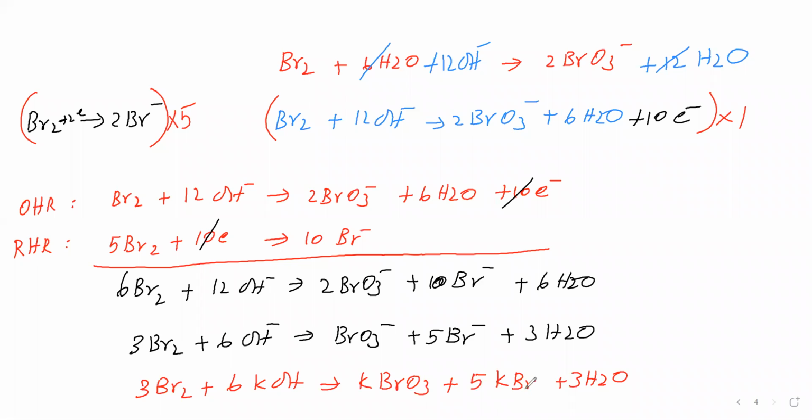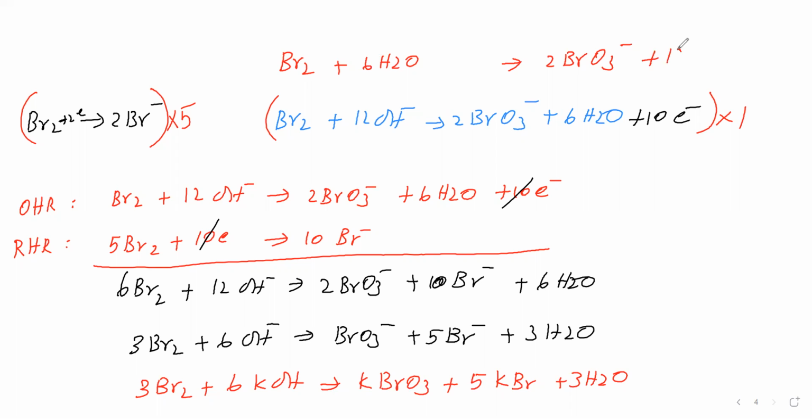In this way only we have to do balancing in basic medium. What is the difference? Only hydrogen balancing is different. So again I will say how to balance hydrogen alone in basic medium. Here hydrogen is 12, so 12 hydrogen atoms are deficient.